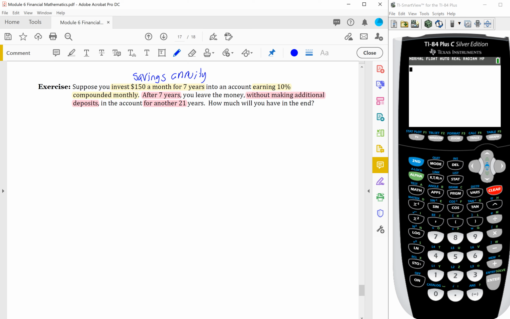After that 7 years of monthly contributions, you stop making deposits and you just let the money sit there for another 21 years. Now, since you're not making any more deposits, it's not going to be a savings annuity. This will be more like a compound interest formula.